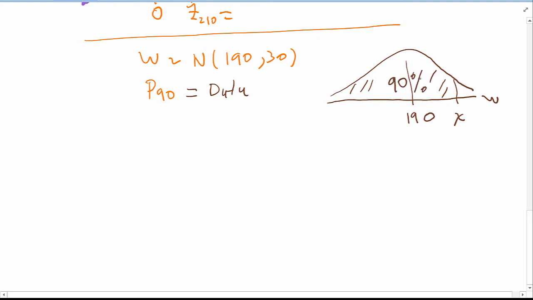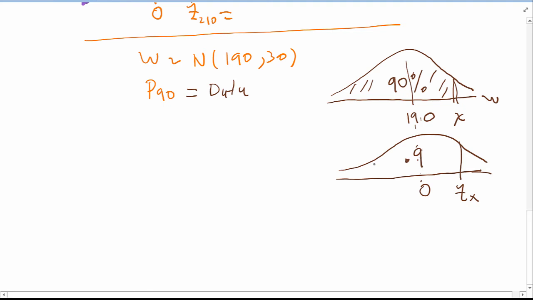All right, if we standardize this, let's look at a standard normal distribution. Again, this will go to 0, the mean always goes to 0. This value standardized, we go to the z-score of x, but we don't know x, so we cannot calculate the z-score of x. But we know that the percentage of values below that z-score in the standard normal tables is 0.9.